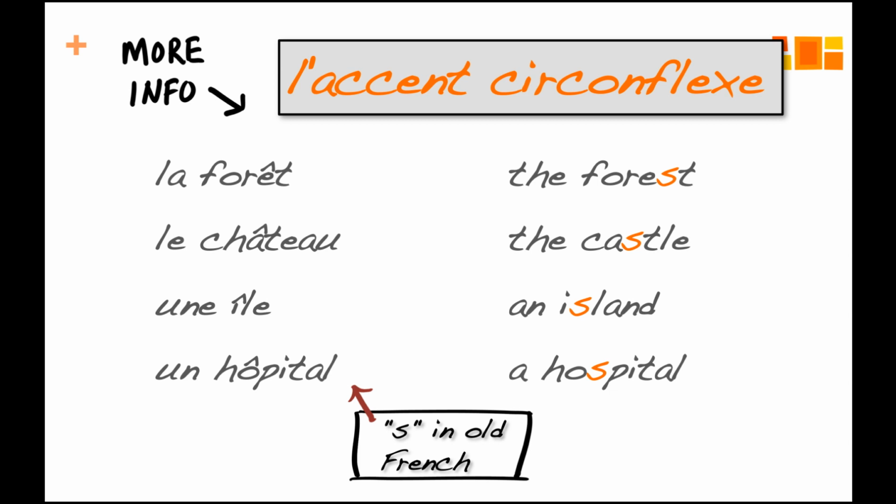And the French, of course, brought their language. And that language actually went into the English language. And this is one of the reasons why we have so many French-sounding words in English. So here we have it. The accent circumflex often was an S in Old French, and this is why la forêt in French gives you the forest in English. But enough for the history.